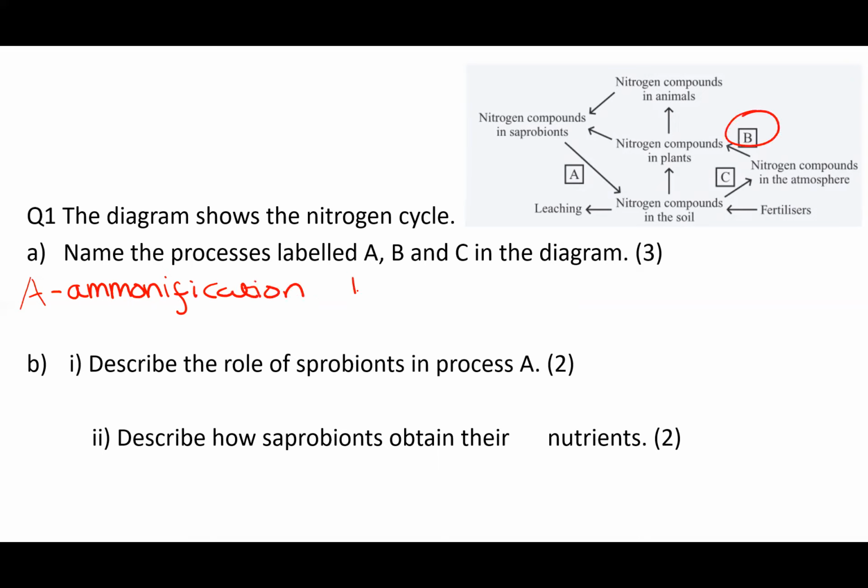B here is nitrogen compounds in the atmosphere going into nitrogen compounds in the plant, and that's nitrogen fixation. And then finally C, our nitrogen compounds in the soil are going back into the atmosphere, and that was denitrification.